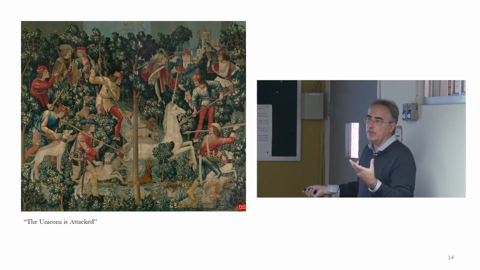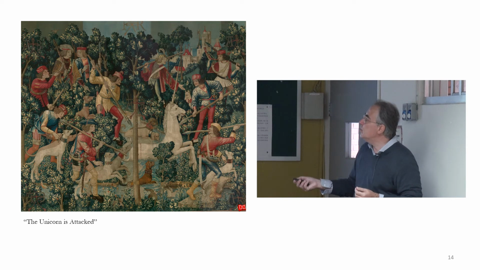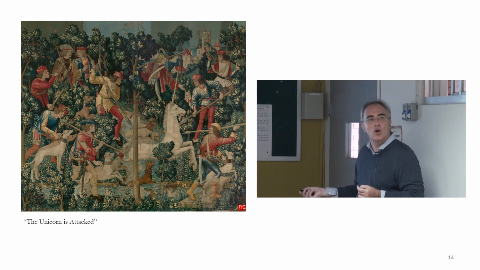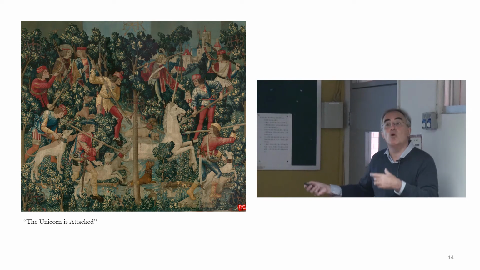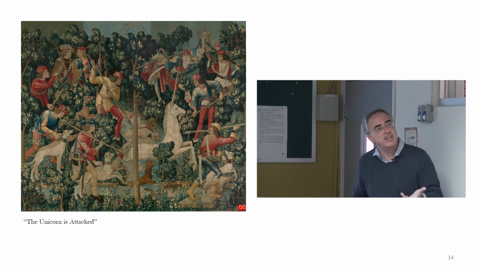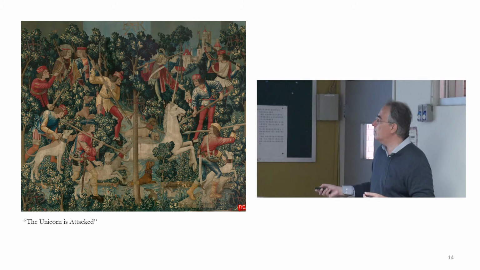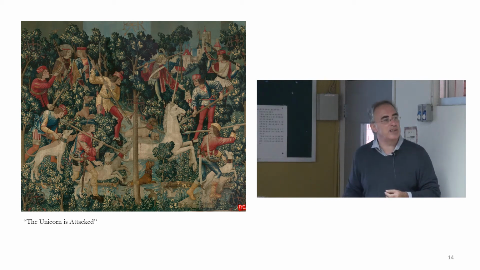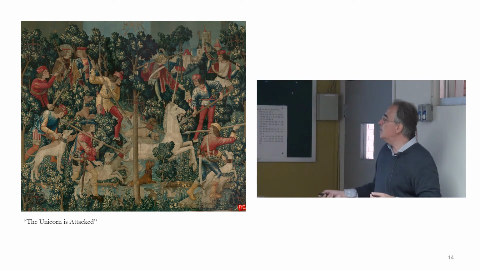The titles are given by scholars, but notice the much more complicated social environment where the finding of the unicorn happens, right? We don't have just a hunter and a virgin, but rather a much more complicated court-related kind of context. We can see this here as well.